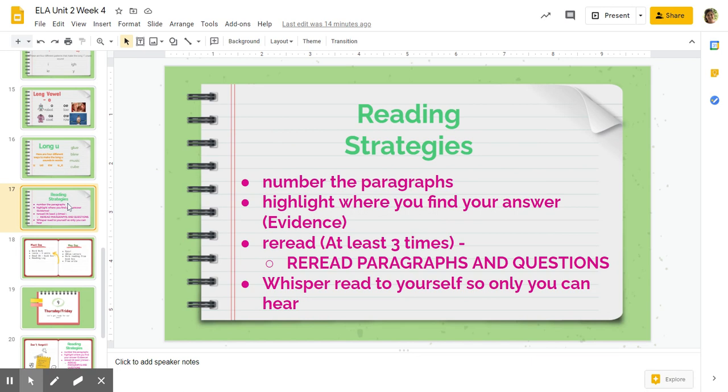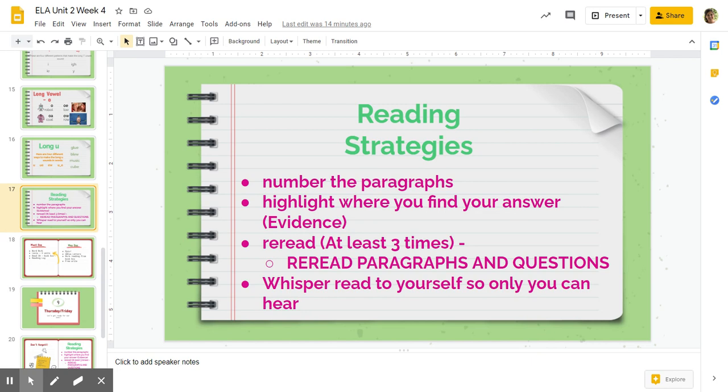Last thing I want to talk to you about are our reading strategies. So as you are reading through your test, we need to make sure that you number the paragraphs if they are not already numbered for you. We did a lot of practice with this, and it makes it much easier to find our paragraphs. Number your paragraphs. Then we talked about highlighting where we found our information, highlighting that evidence.